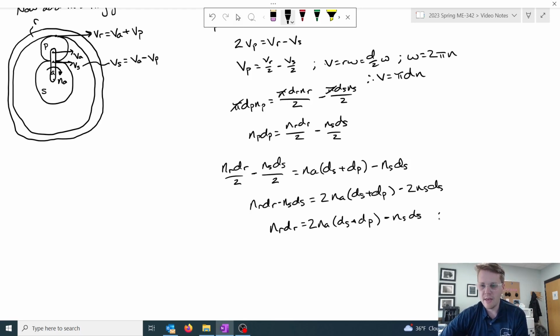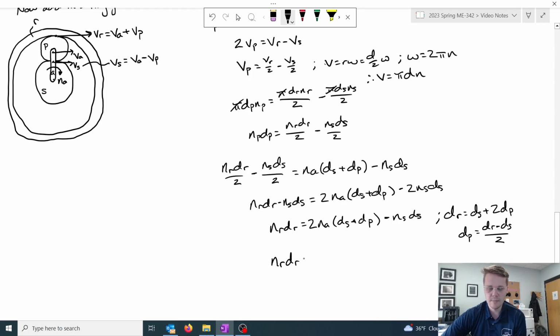So I'm going to take that expression and rearrange it to solve for dp. And then I'm going to substitute this into this equation. And what that does for me is give me a new equation that looks like this.